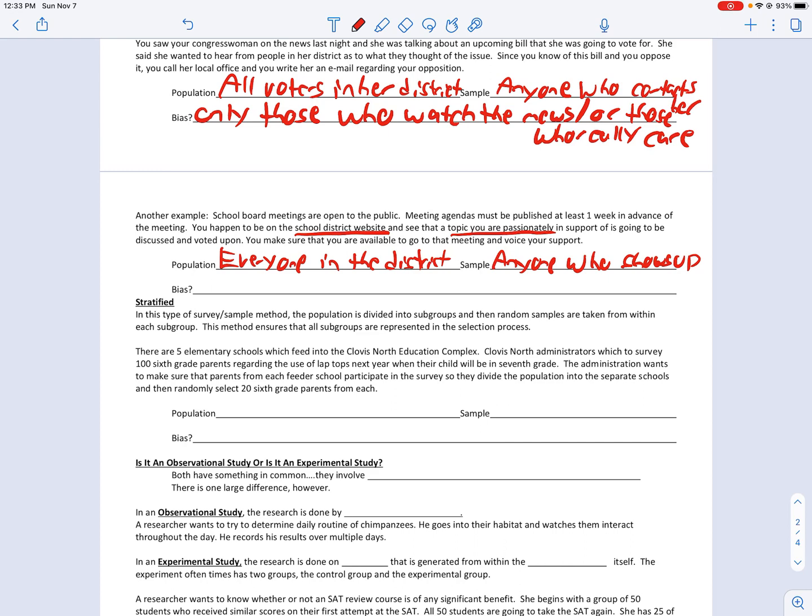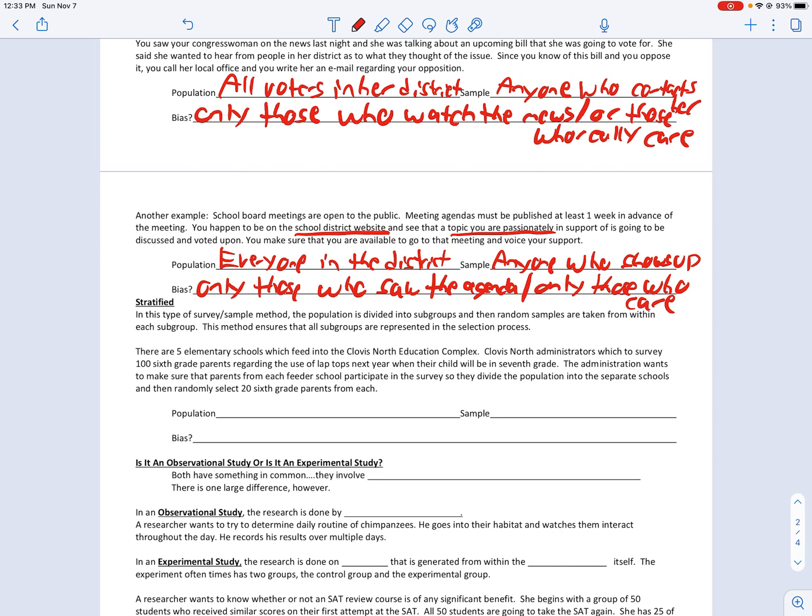Either you really like what they're talking about or you really dislike what they're talking about. So the bias would be only those who saw the agenda or only those who care. So there's going to be some bias.